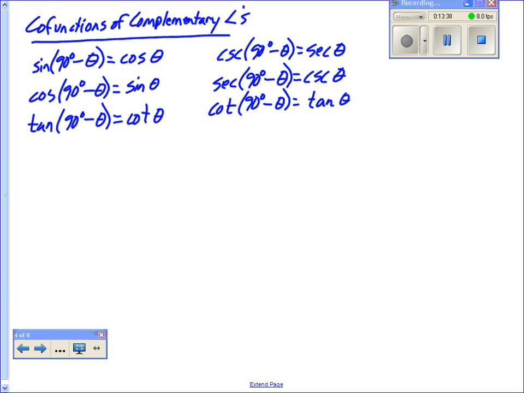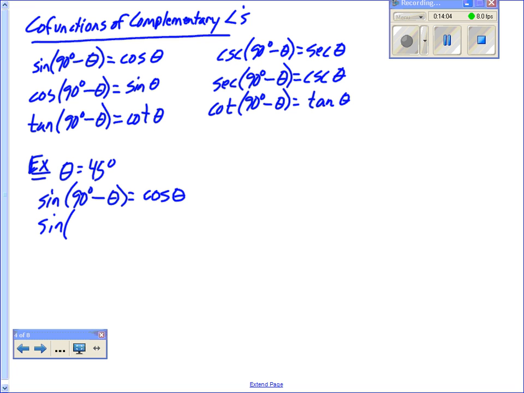So for example, let's let theta be 45 degrees, right? So the sine of 90 minus theta is the cosine of theta, right?